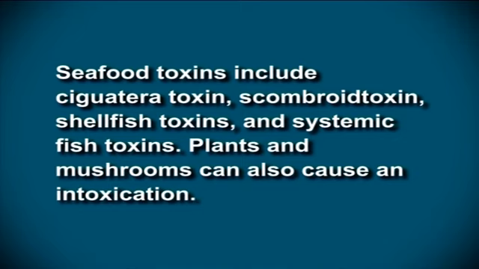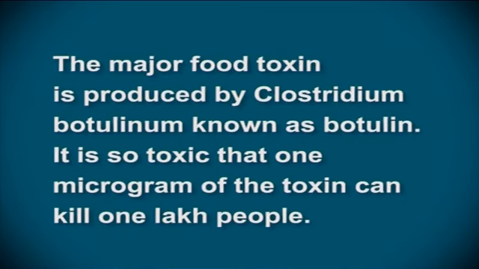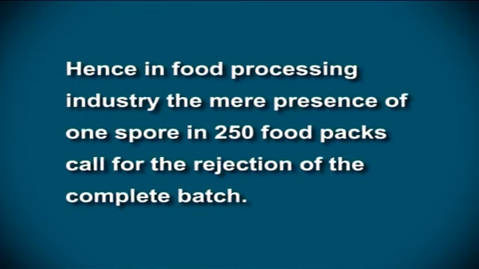Plants and mushrooms can also cause an intoxication. The major food toxin is produced by Clostridium botulinum, known as botulin. It is so toxic that 1 microgram of the toxin can kill 1 lakh people. Hence, in the food processing industry, the mere presence of 1 spore in 250 food packs calls for the rejection of the complete batch.